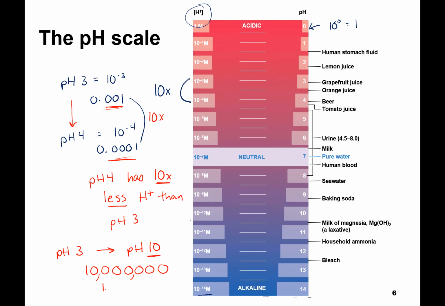So the difference is 10 to the 7th. So there's a 10 million fold difference. And as you increase the pH, you're going to decrease the hydrogen ions. So we'll try this in just a minute.